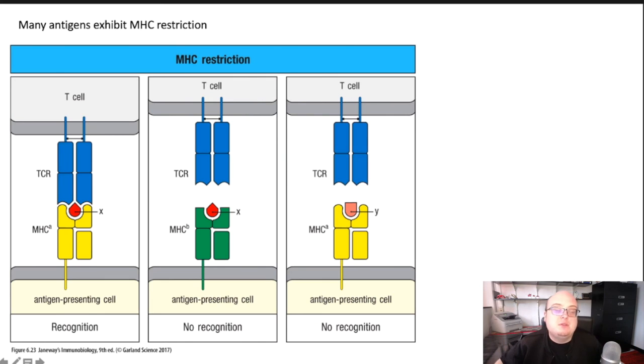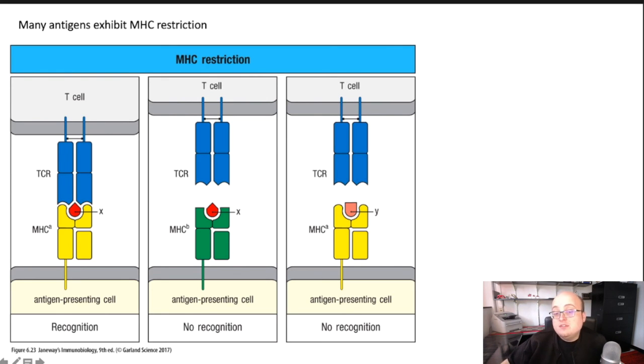So you see an example of that here in this figure from your textbook. This is MHC class 1. If we call this one A, again, just an arbitrary designation, this version of MHC, A, is bound to this antigen, which we call X. They're a good fit, and so presentation happens. This version of MHC is able to present antigen X to the T cell and activate the TCR.